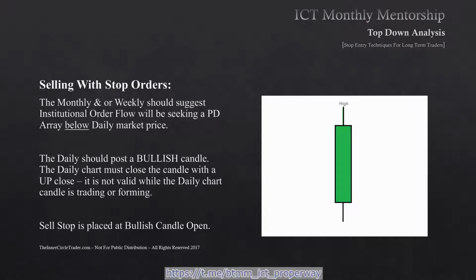Here's the high of the candle, the low of the candle, the close of the candle, the open of the candle, and right here is where you're going to place your sell stop for a short entry. And the premise behind this is we're going to be expecting weakness to take us into the marketplace.